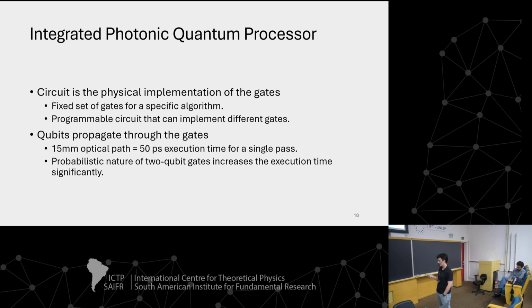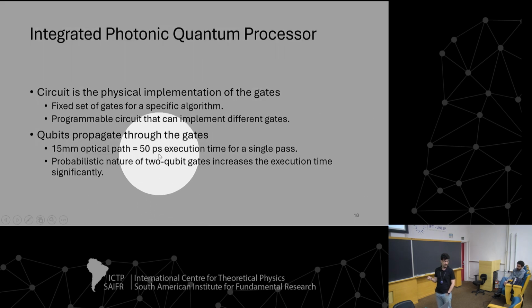And while we don't suffer so much from noise as the superconducting qubits, we have the problem of not being able to do deterministic two-qubit gates.